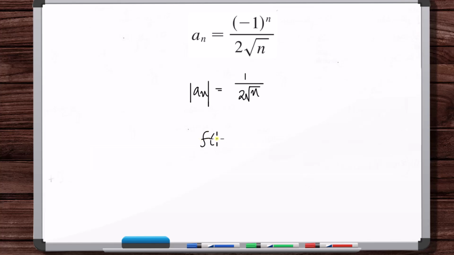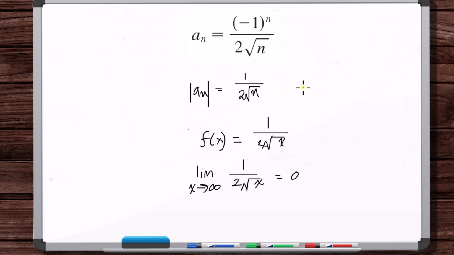Okay, so can we replace n with x with no issue? Yeah, x can't be 0, but when looking at the limit as x goes to infinity, there's no issue. So what is the limit as x approaches infinity? Well, this is 0.